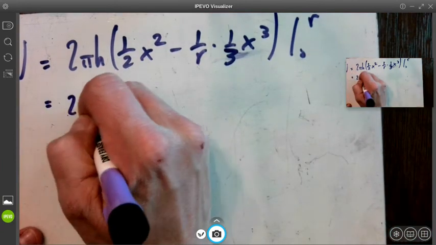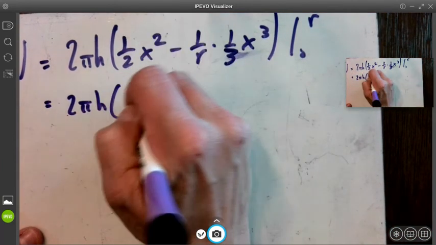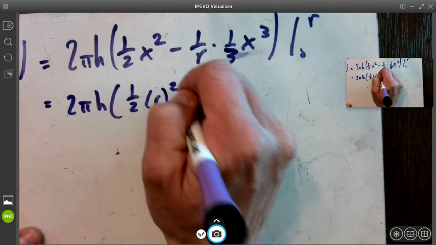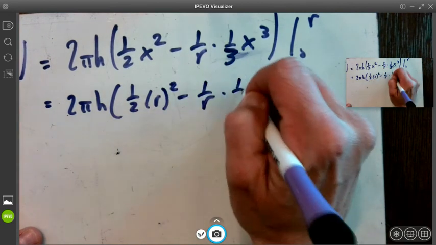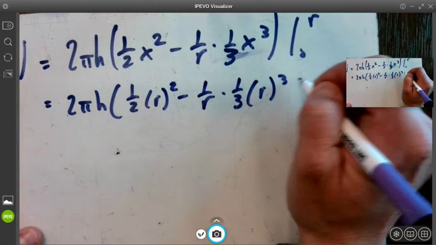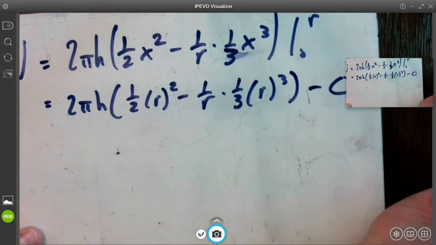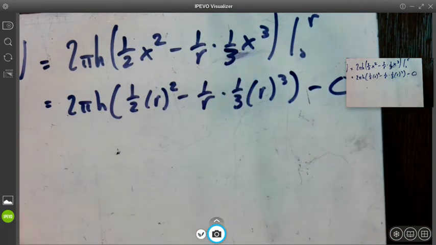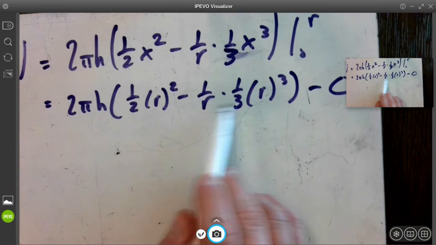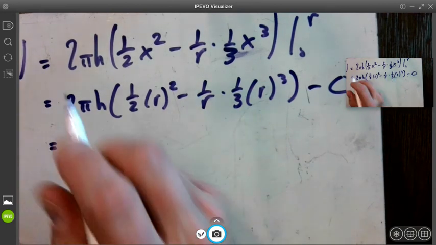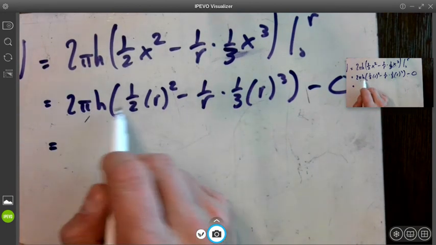So here we go. Fundamental theorem. 2 pi h times (1/2 r squared minus 1 over r times 1/3 r cubed), and then minus 0, because if I plug a 0 in, everything zeroes out. It's absolutely killing me that I'm writing that as 1 over r times 1 over 3, but that's okay. All right, let's distribute 2 pi h.